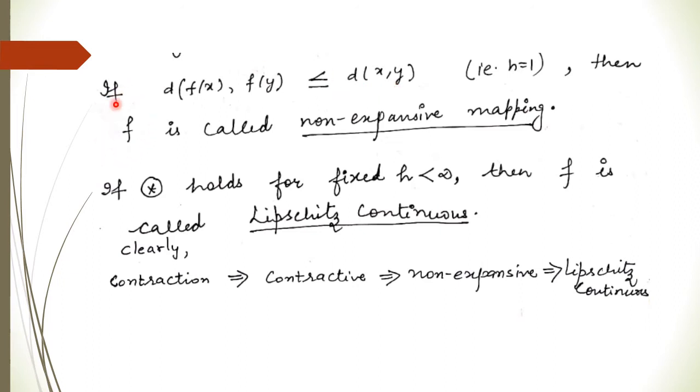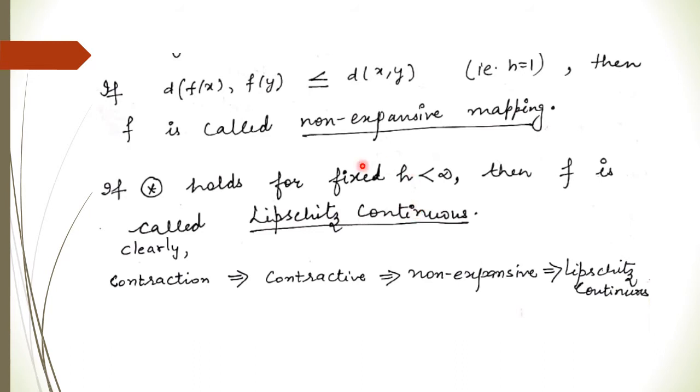Any map f which satisfies this inequality is said to be non-expansive. And if the star inequality, the contraction condition defined in the previous slide, holds for any fixed finite value of h, then f is called Lipschitz continuous.